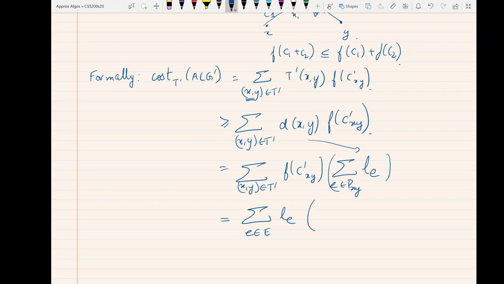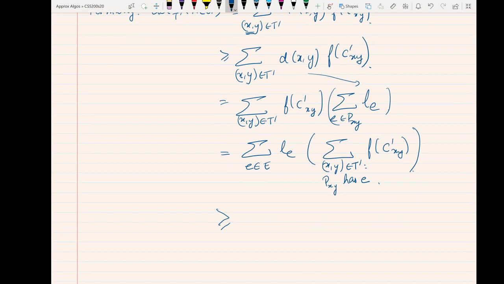And then what you have in this summation within is all those pairs of vertices which are edges in T prime such that the path Gxy has E. Okay, what do I mean? That you look at these edges in T prime such that the edge E that I'm looking at was included in the shortest path in the graph G. And for each of these, I'm going to sum up f of C prime xy.